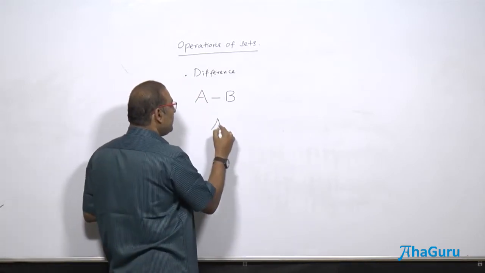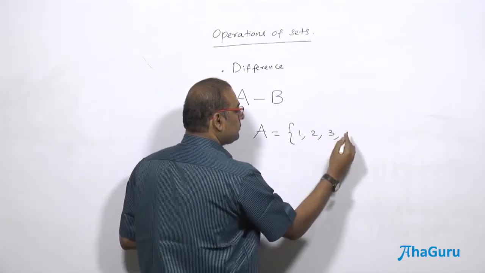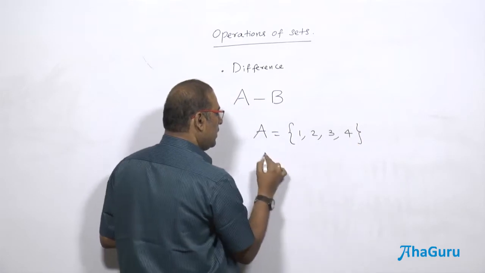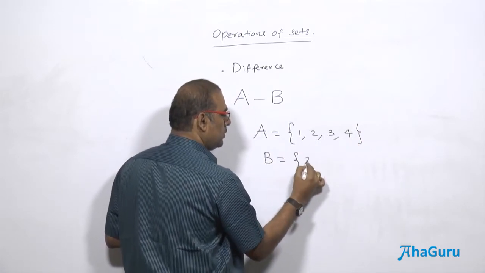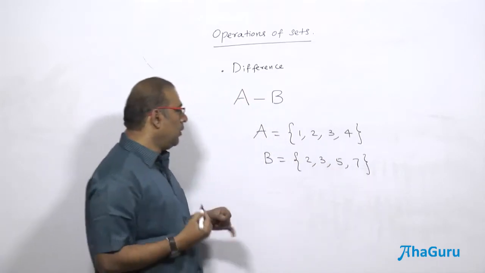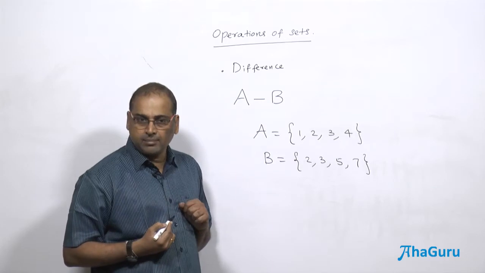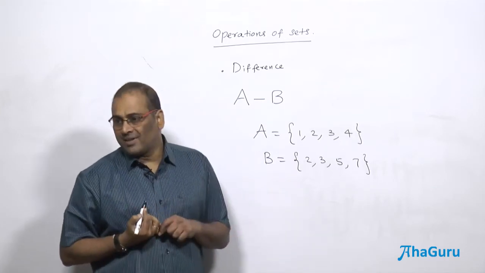For example, you have A equals 1, 2, 3, 4 and B equals 2, 3, 5, 7. 2 and 3 are present in A, so I can take them. But 5 and 7 are not present.